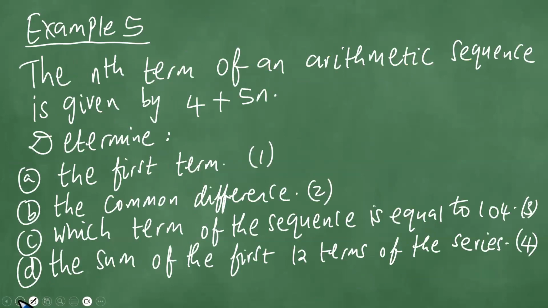Right, so let's look at another question, because we've already done part D, which asked for the sum of the first 12 terms. Let's look at more questions now. Example 6.